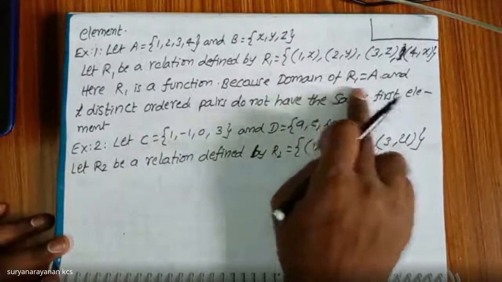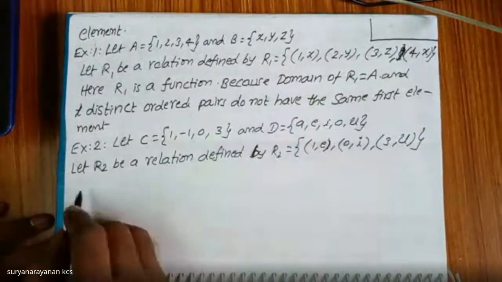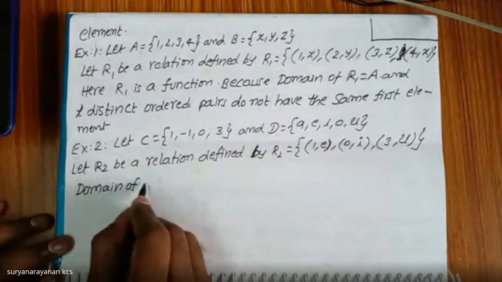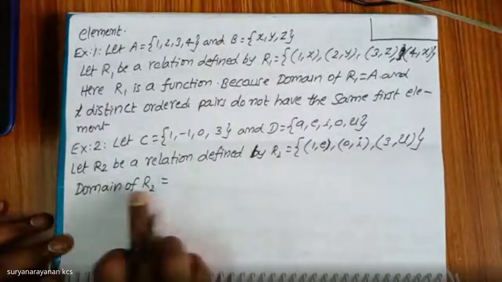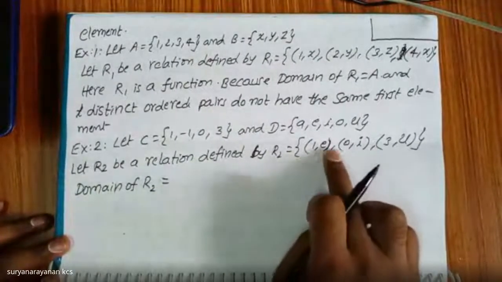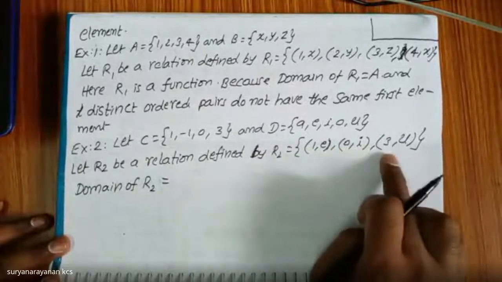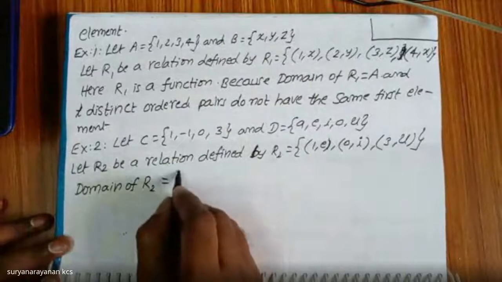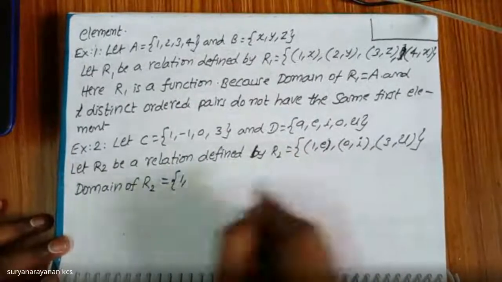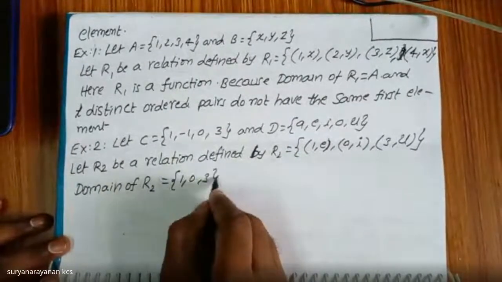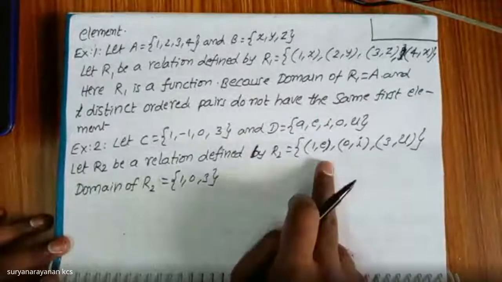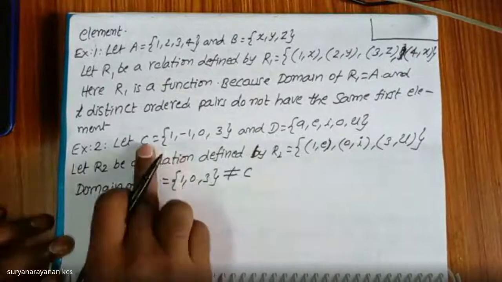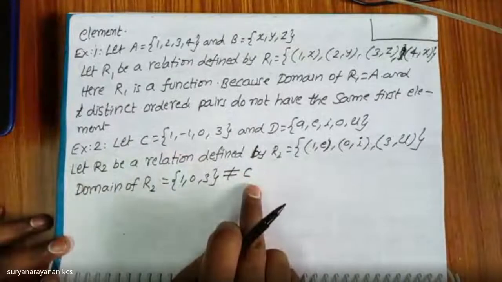First of all, we have to find the domain. What is the domain of R2 here? The set of first elements, the first elements in the ordered pairs: 1, 0, 3. This is the domain of R2. But this is not equal to the first set C.